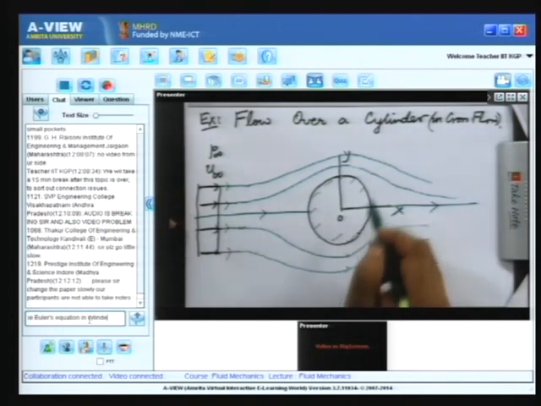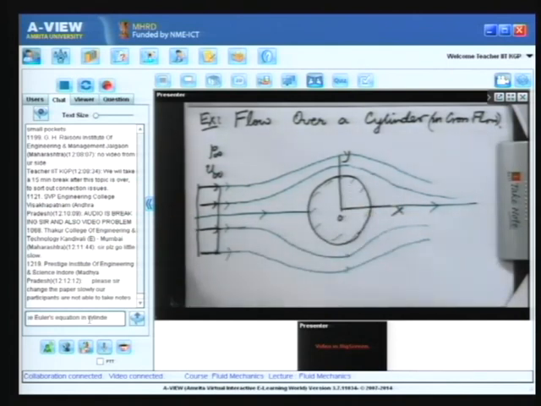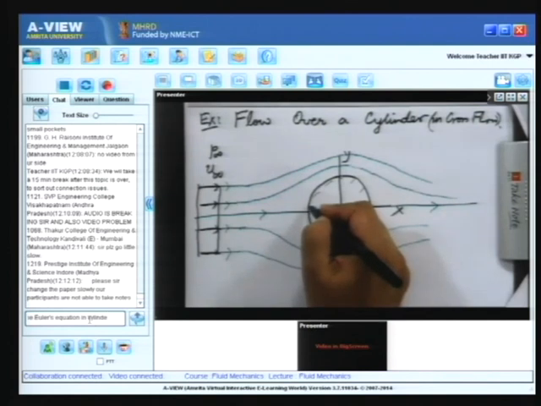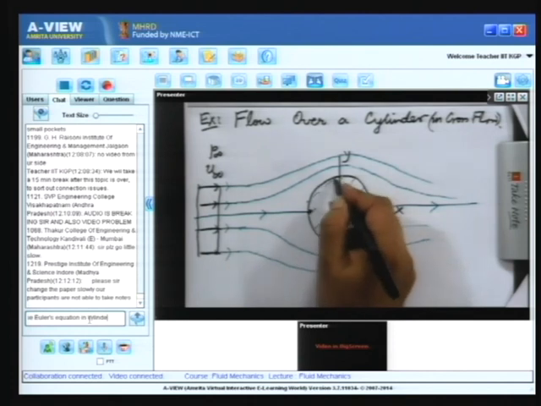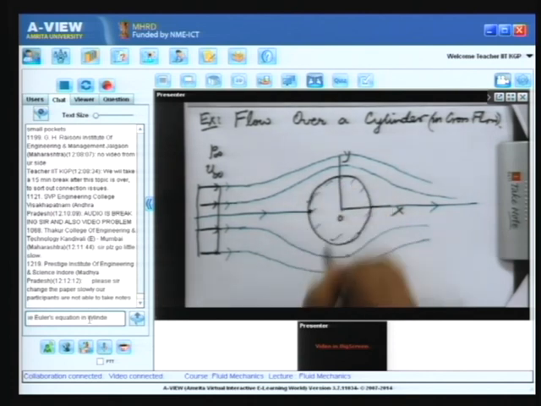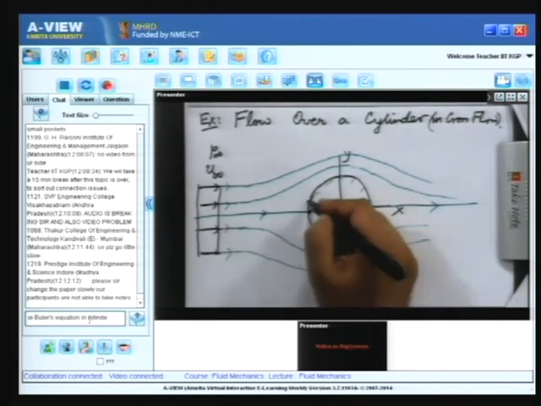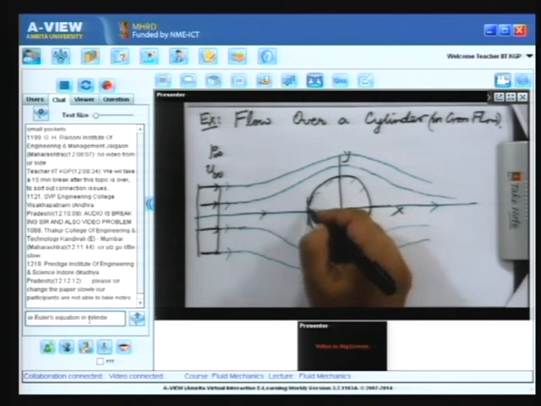Now, the reason I brought up this example is to show you the practical utility of what we are talking about. So, here you have a case where at this point two streamlines are meeting. One is this curved streamline, which is the surface of the cylinder, and one is this horizontal streamline over here. So, there are two tangents. If I draw the tangent to this, it is at right angles to this, and the angle is 90.